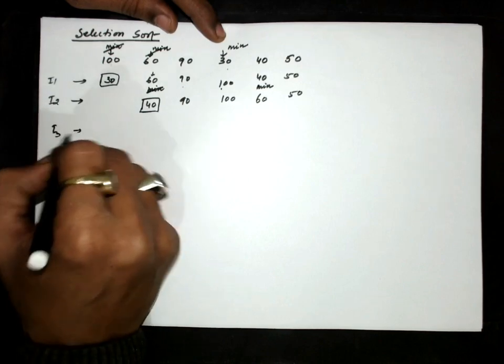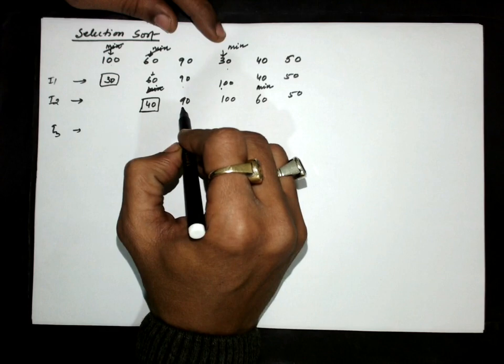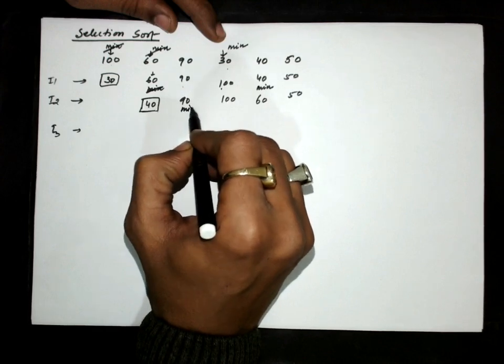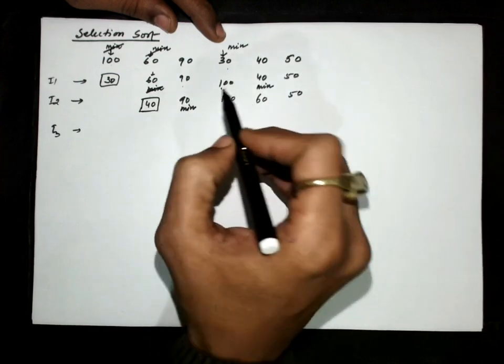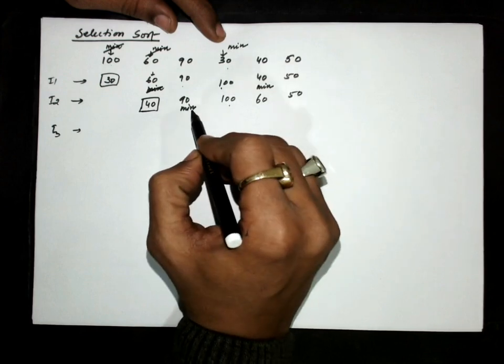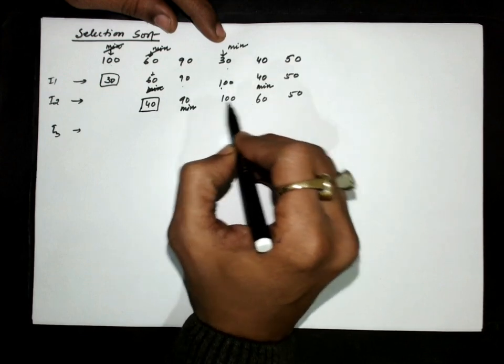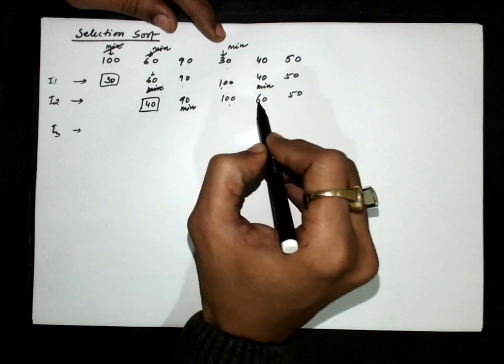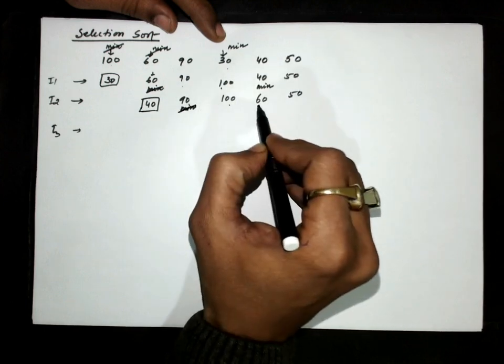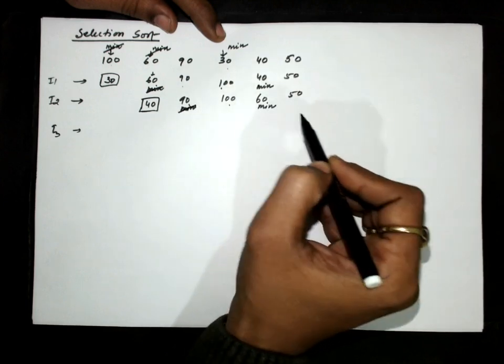Again, we will do the third iteration accordingly. We fix up this element as minimum and let us compare every other element of the set. So 100 is not smaller than 90, so minimum remains at 90. 60 is smaller, so minimum shifts to 60.